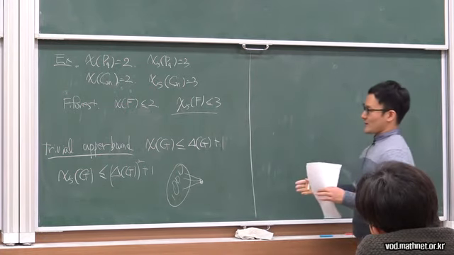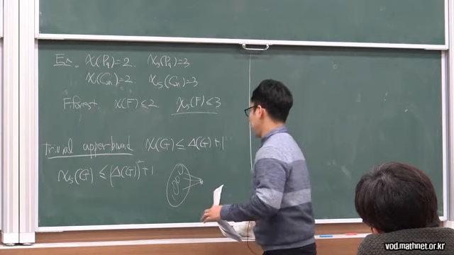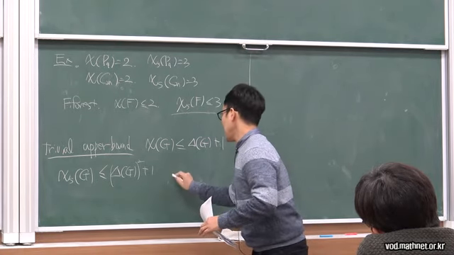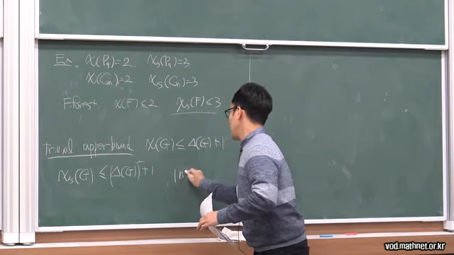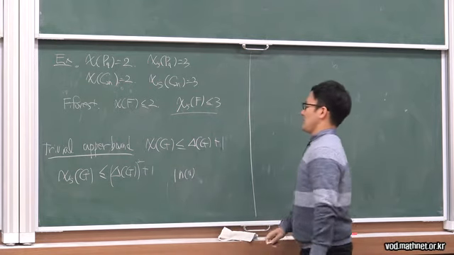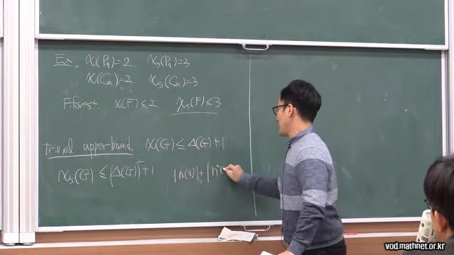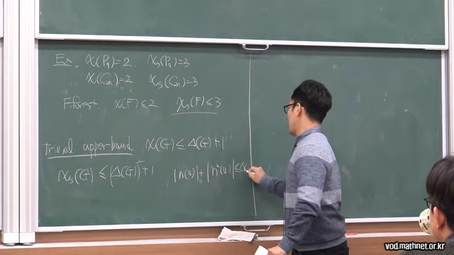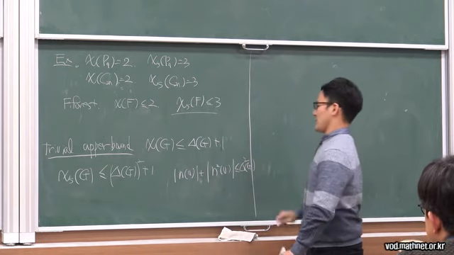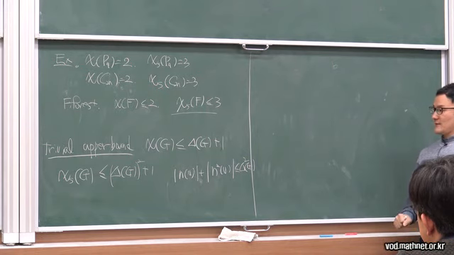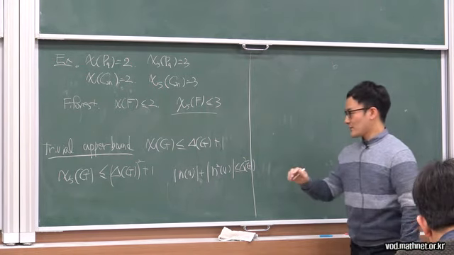The number of neighbors of V and the number of second neighbors of V is at most delta G squared, right?